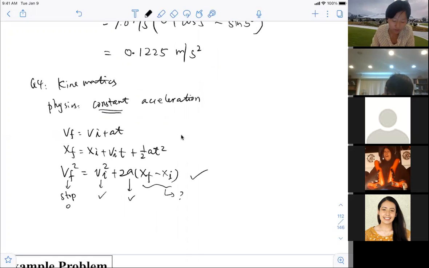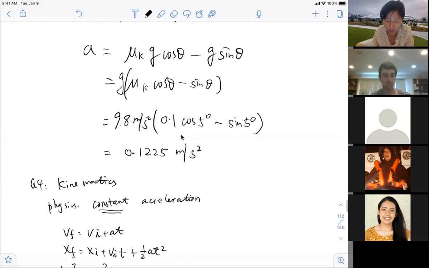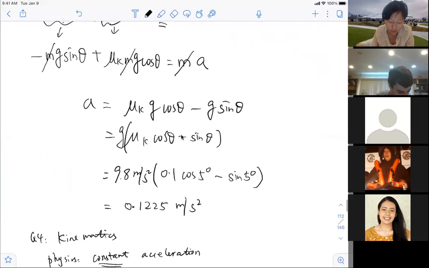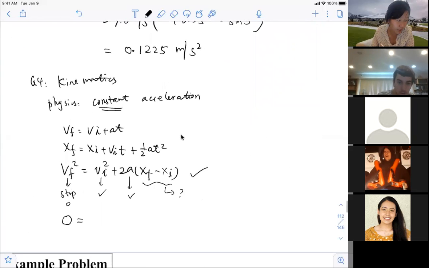Final velocity is 0. Here, be very careful with your signs. Initial velocity is -10 because it's opposite to what I defined to be positive. But it doesn't really matter because you have it squared.